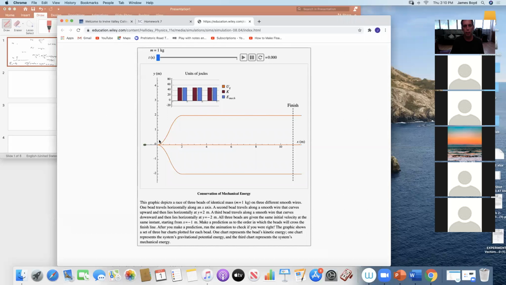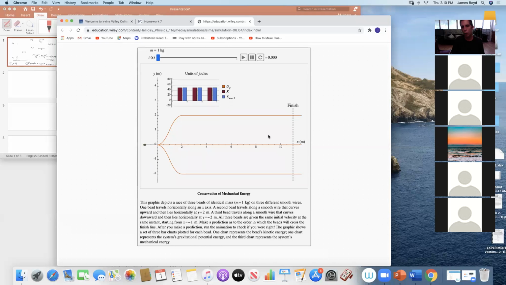This bead is going to go up, so it's actually going to lose some kinetic energy because of the change of height. This bead's going to fall. Gravity's going to do positive work on it because it's falling in the direction of gravity. And it's going to gain some mechanical energy, or technically it's going to gain kinetic.